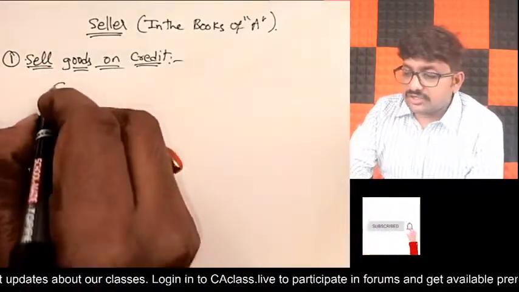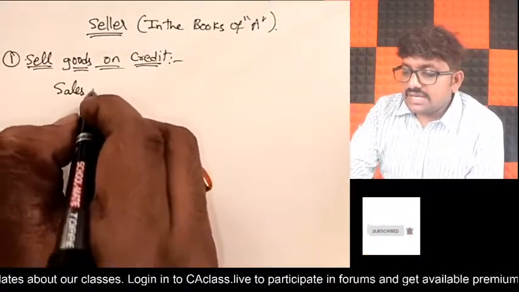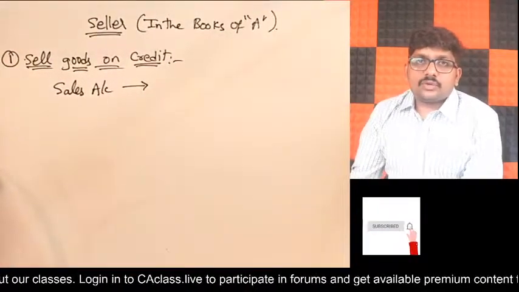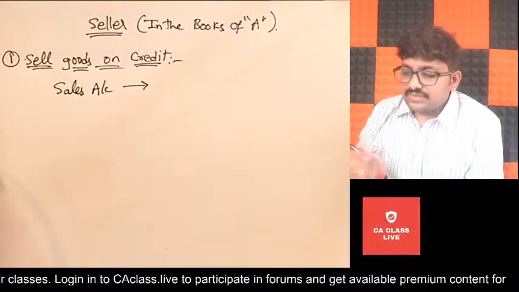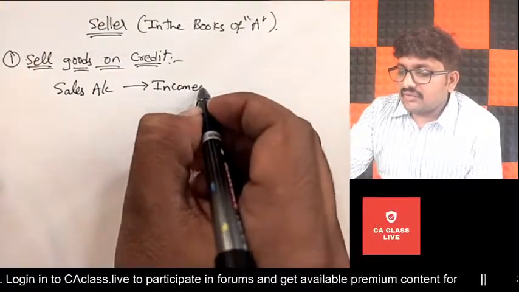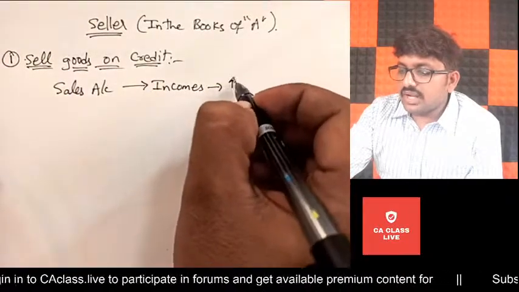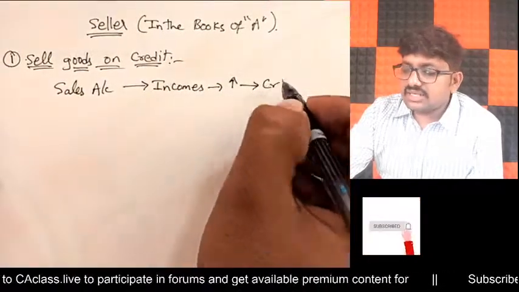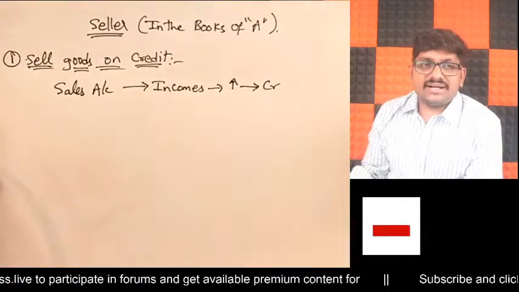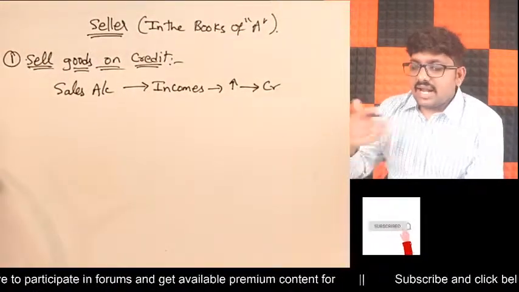First of all, because you are selling the goods, you will take it to sales account. Sales account is a part of incomes. Whenever you sell goods, your incomes will increase. Incomes increase, what should you do? Credit it.